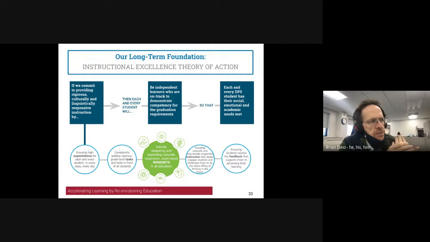One, if we commit to providing rigorous, culturally and linguistically responsive instruction to our kids, then each student will become independent learners who are on track to demonstrate competency and graduate, and so that every DPS student has their social, emotional, and academic needs met. We do that by the various methods shown below in that slide.